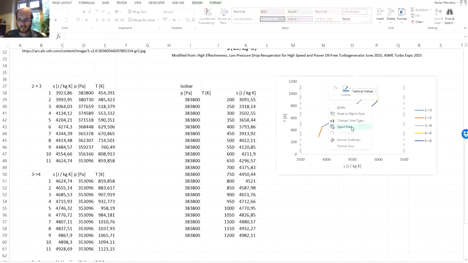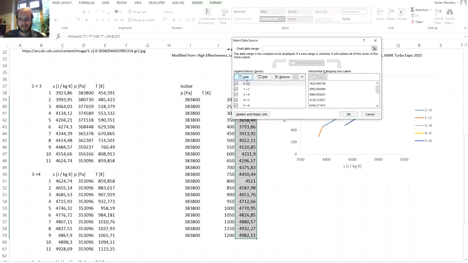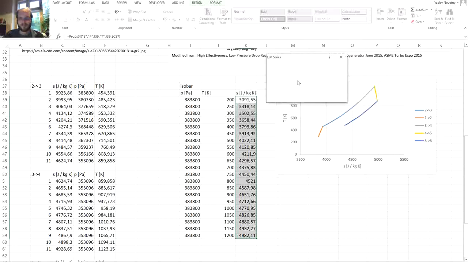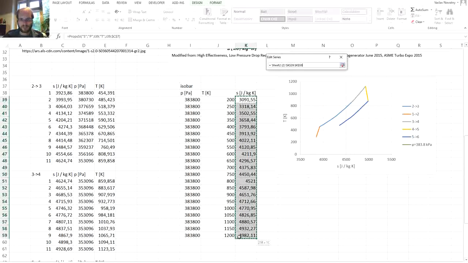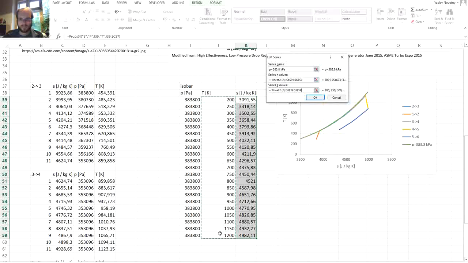So now let's again select data. Let's have the isobar. Pressure is 383.8 kilopascals. Values of x would be value of entropy. Value of y would be temperatures.